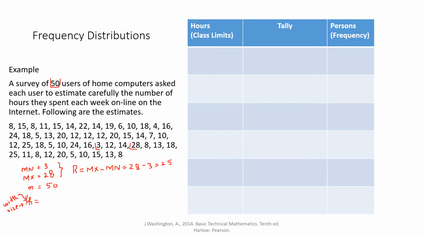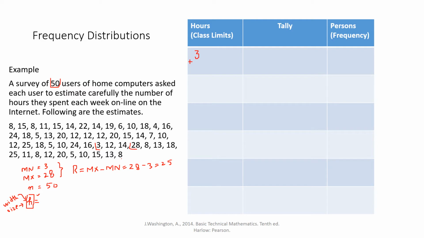We need this for the table, and our table starts with the minimum number generally. There are different methods, but I'm starting with the minimum number, and then we add one number here, and that number is actually h.